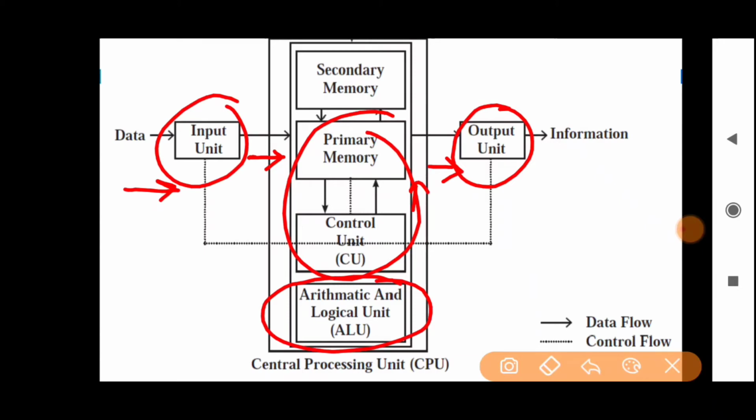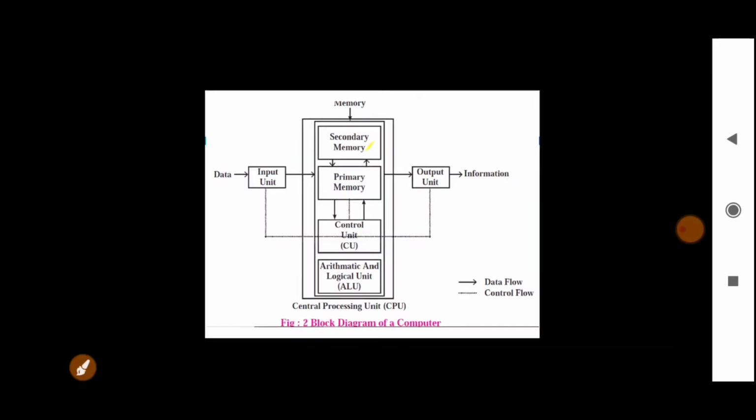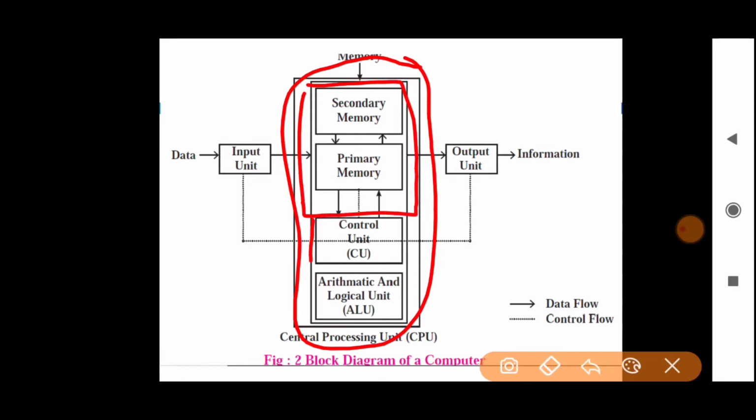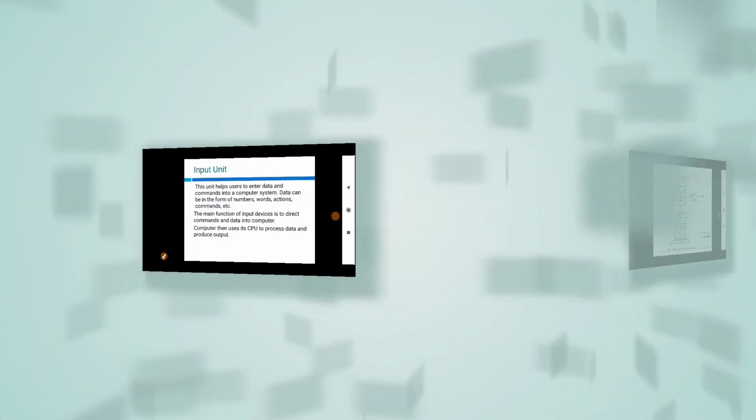So this entire block is the CPU. Now as you can see, the CPU is made up of memory, the control unit, and the ALU. So the CPU can be divided into three main components: the memory, the control unit, and the ALU.